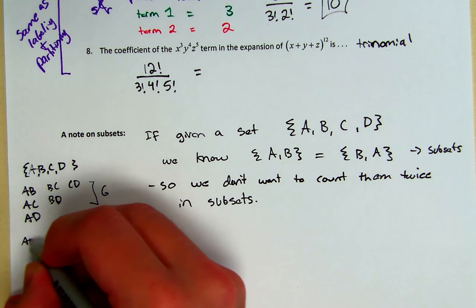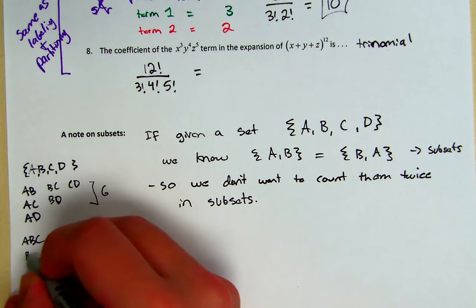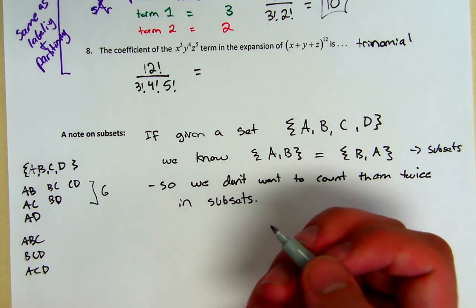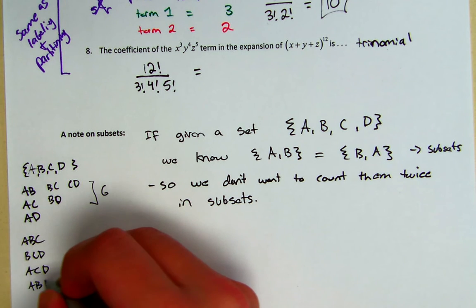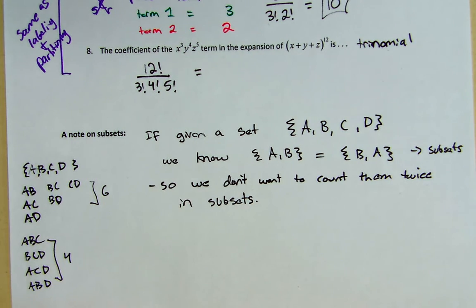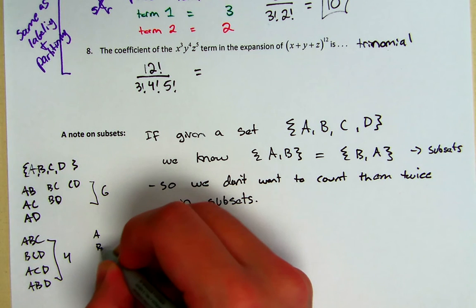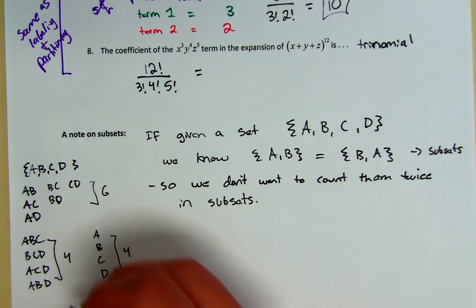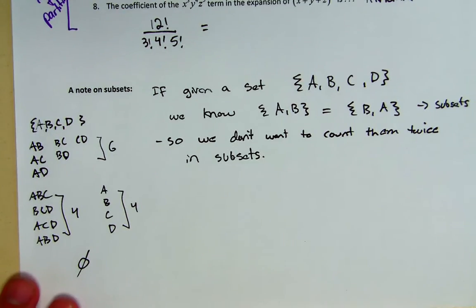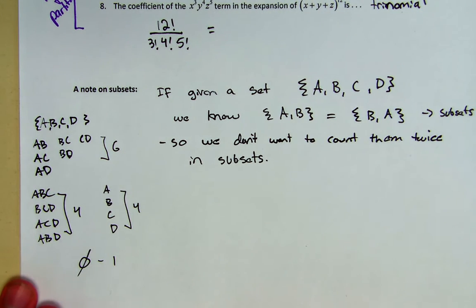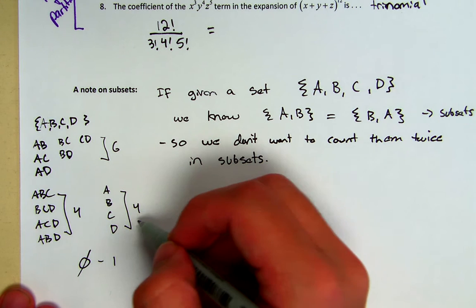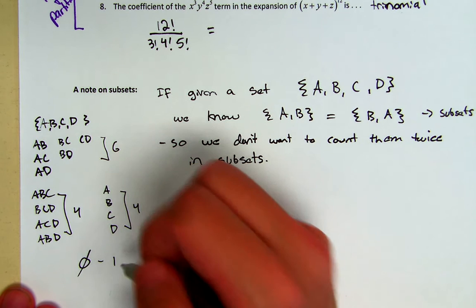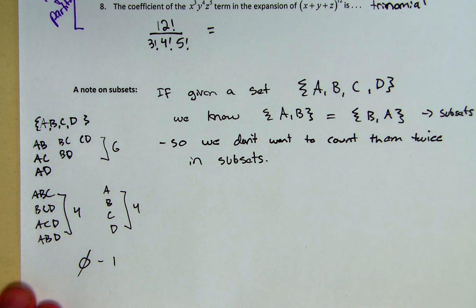I can do A, B, C. I can do B, C, D. I can do A, C, D. And I can do A, B, D. Well, that's 4 sets. I can also do the set of A, B, C, D all alone. That's 1 set. I can also choose none of them. So that's another 1 set. Well, how many total sets do I have here? Oop, I added a set here somewhere, didn't I?